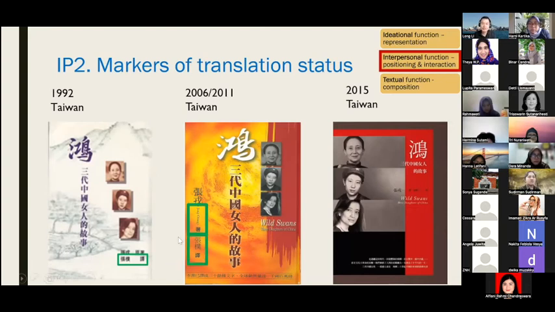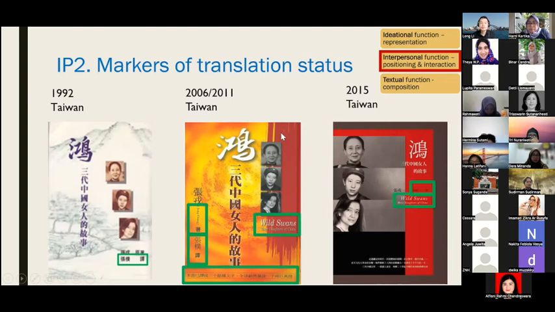Likewise, the translator's name, the title of the book in English, and the mention that the book has been translated into 30 languages with a global sales figure of more than 12 million copies. And the most recent one also includes the translator's name and the English title.